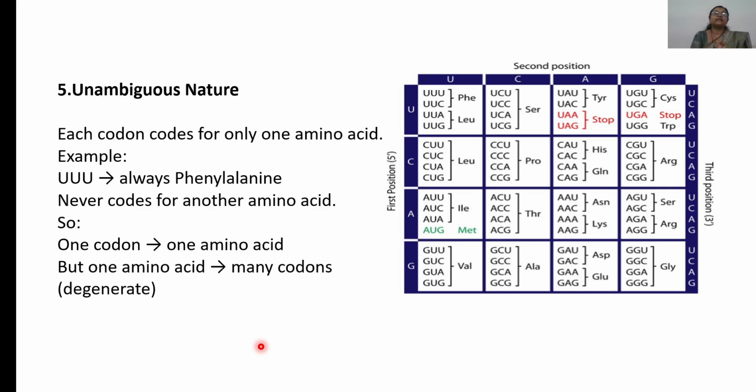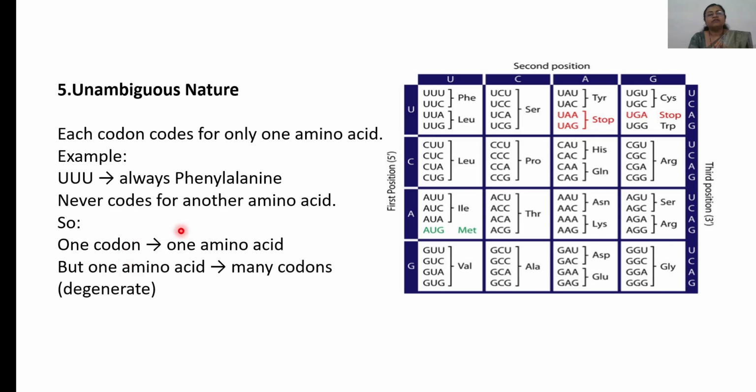Now the next property is unambiguous nature. Each codon codes for only one amino acid, isn't it? See, UUU codes for phenylalanine. No other amino acid is coded by UUU, isn't it? So each codon codes for one amino acid. UUU always codes for phenylalanine, never for another amino acid. You cannot observe this triplet codon again in this table.